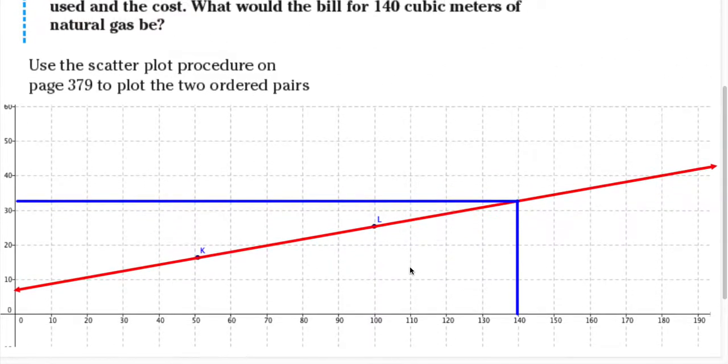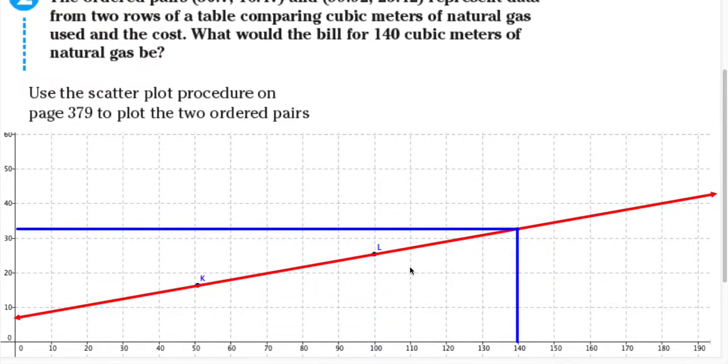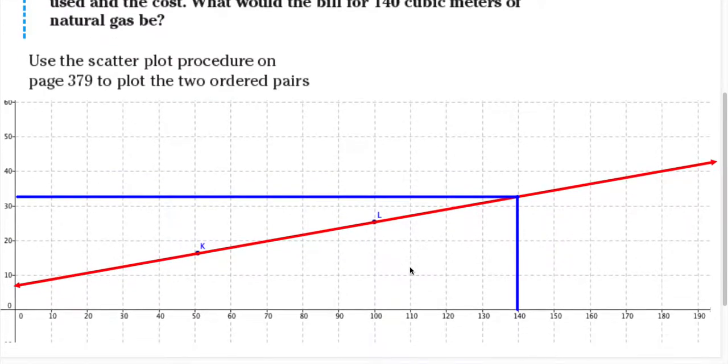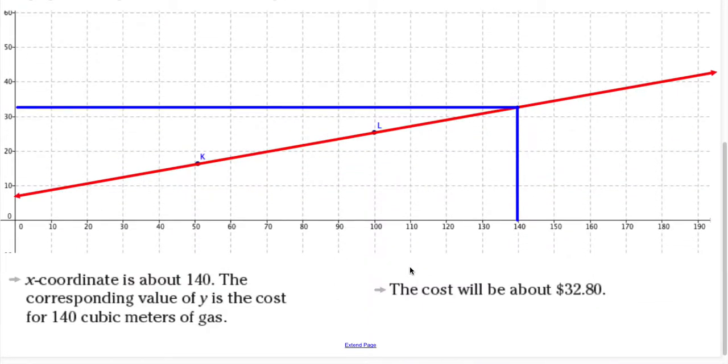So for 140 cubic meters of natural gas used, the cost is around $32.80. I don't know where they found 80 cents from, but that's close enough.